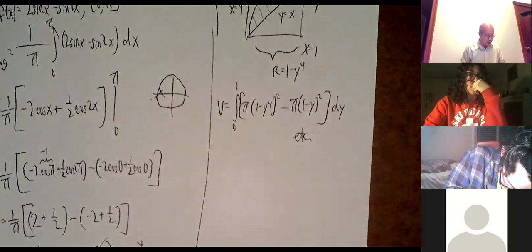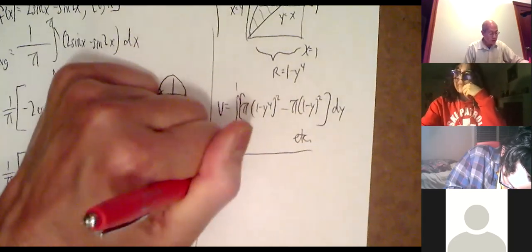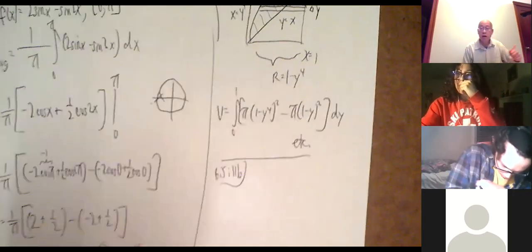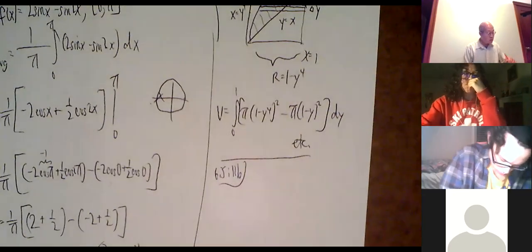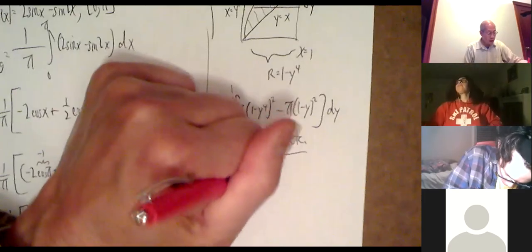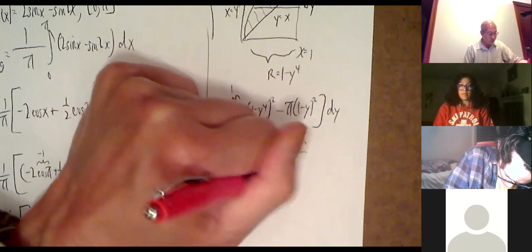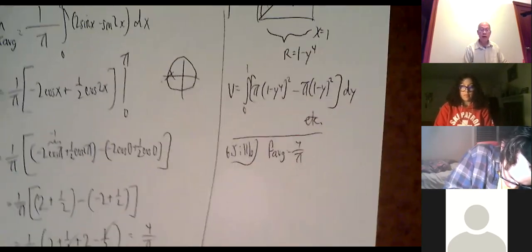Yeah, sorry, I guess I forgot part B, Lucas. 6.5, 11B. So let's see, we had F average was 4 over pi.